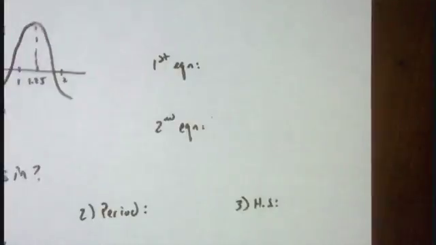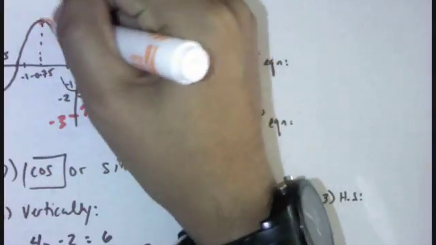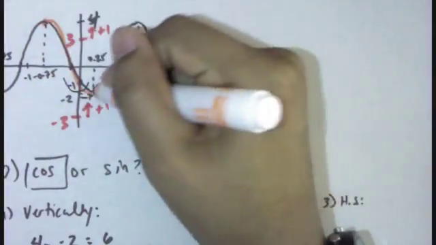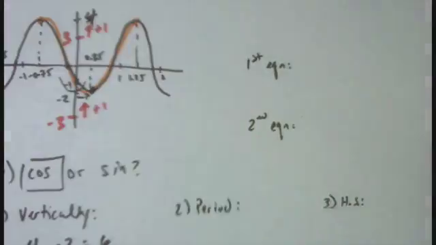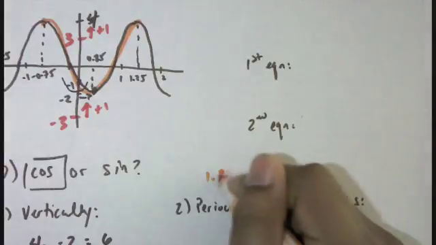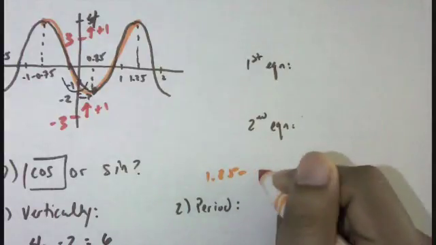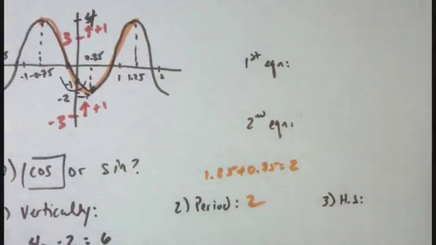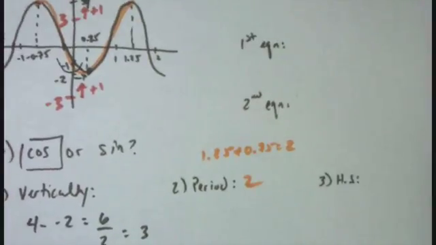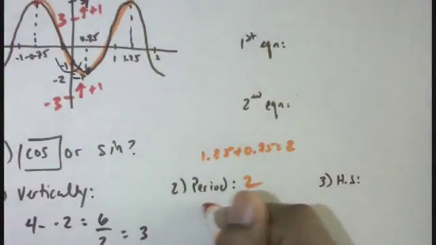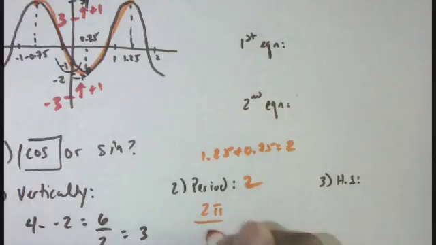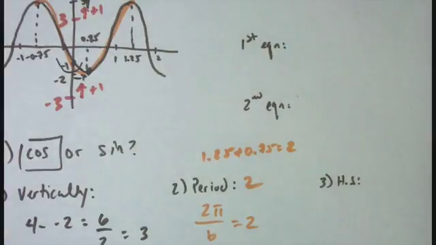For the period, I started at -0.75, and I'm going to end up at 1.25. So let me find the distance between those two because that will tell me the length of my period. So my period is 2 full units. My job though is to solve for b, so I'm going to do 2 pi divided by b is equal to 2 units.